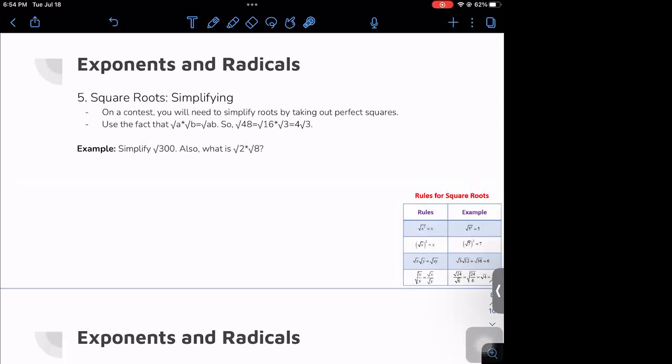Can you move that black thing that's covering the rules for square roots? Lewis.